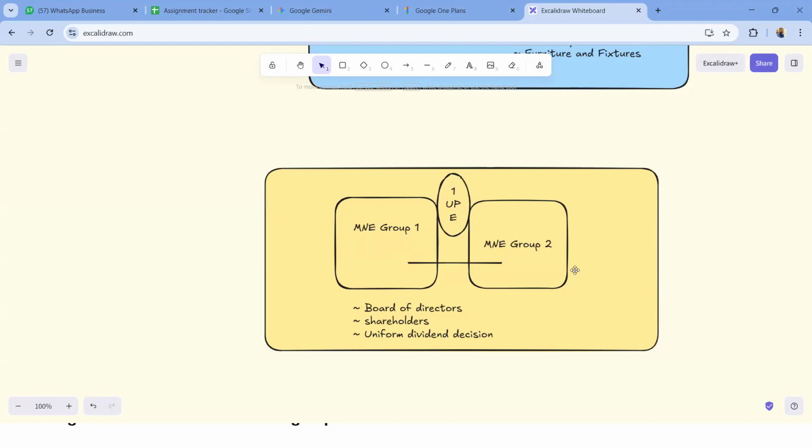Why do you think there is a rule like that? Shouldn't there be two UPEs, one for MNE Group 1 and one for MNE Group 2? Why does the law say there should be only one UPE, and all this should be considered as one MNE group? Why?